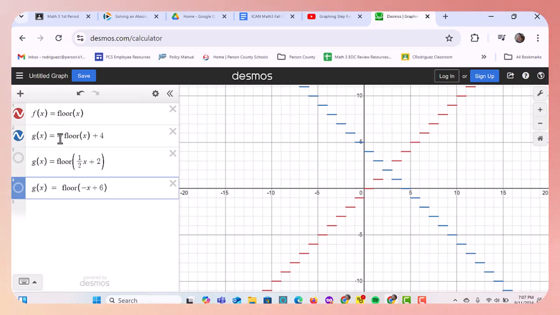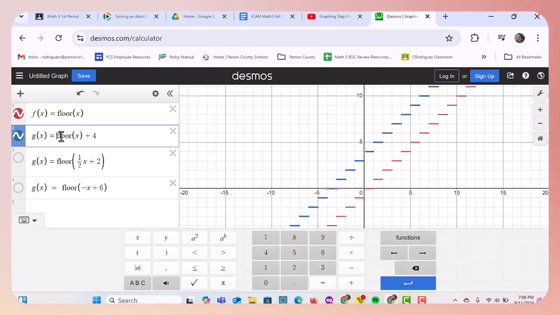The way I have to put this in the calculator is put the negative outside of the word floor, because we don't have those symbols that show up. All right, so what's going to happen if I take the negative out? It's going to just shift it to the left 4 units. So this would move this point over 1, 2, 3, 4 and start right here. But when we put the negative in front, it's going to reflect everything, switch it around, kind of makes that X shape.